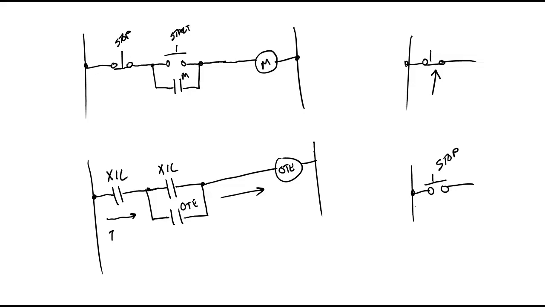And that's why we have to use examine if closed, or what in motor controls we call a normally open contact. But in PLCs it is not a normally open contact. It is an instruction that says examine if closed and examine if open, and that's talking about what I hook up to these input ports.